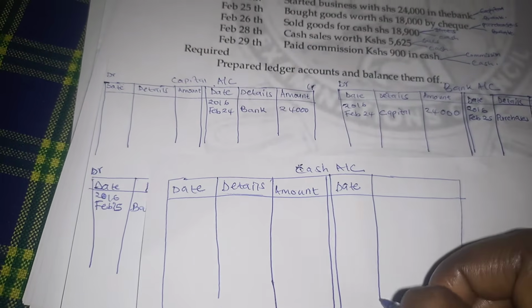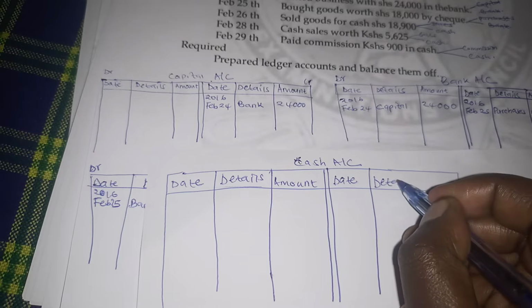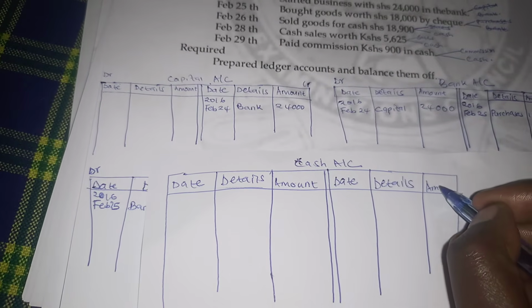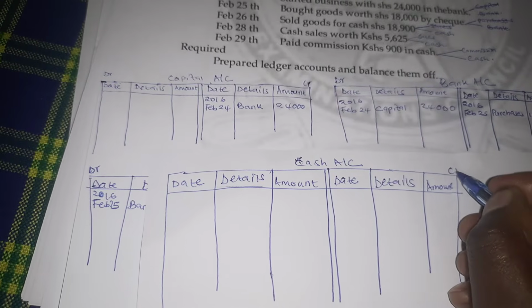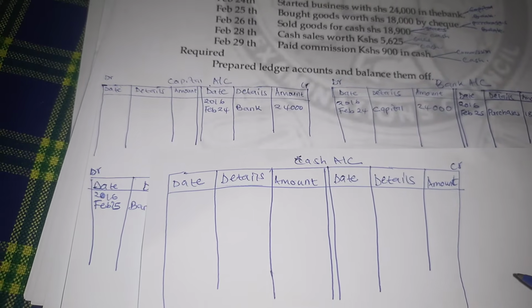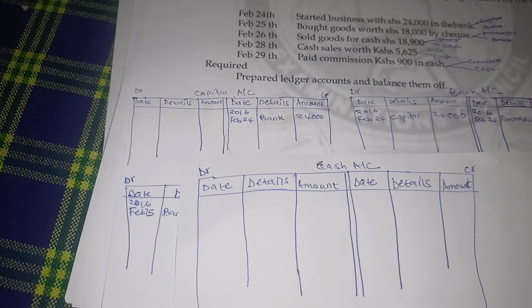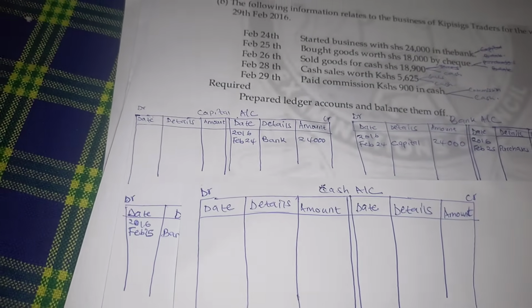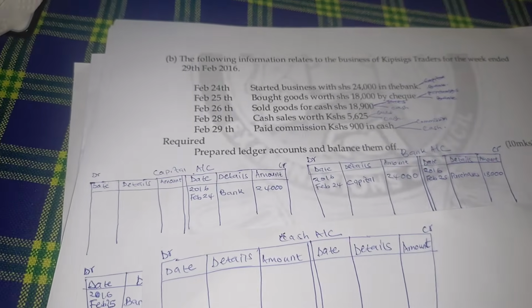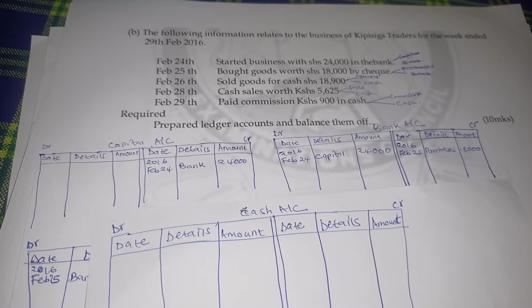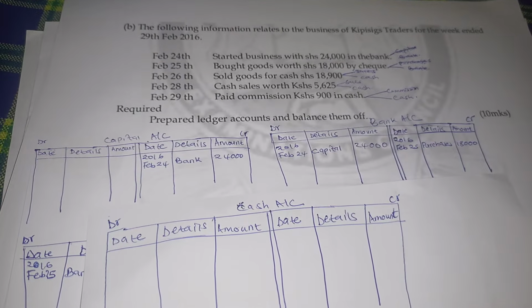Date, details, the amount is a credit side. This is our debit side. For our cash account, cash in the business is reducing.